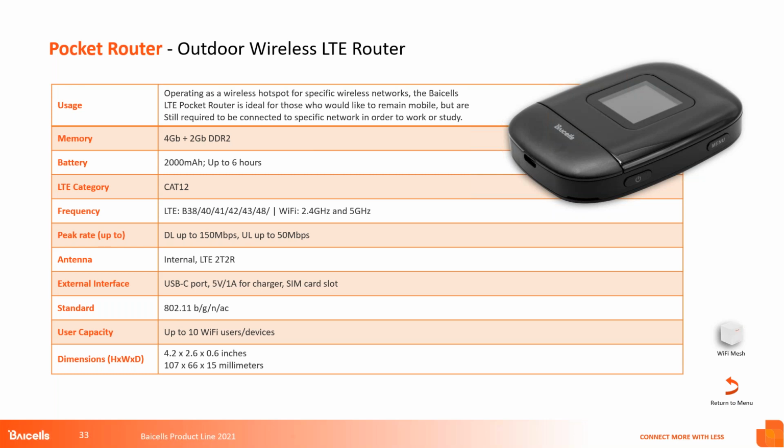So say you have a customer that you've sold to that lives 1 mile from their place of work. At that place of work, they might find that the Wi-Fi hotspot pocket router will also pick up coverage and connectivity.